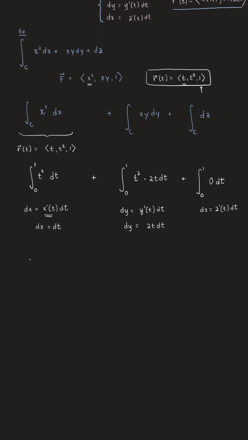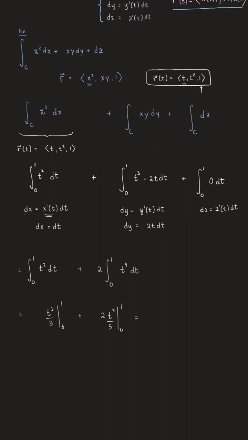So we're going to evaluate the integral from 0 to 1 of t squared dt plus, and here I'm going to factor out the constant 2, the integral from 0 to 1 of t to the 4th dt, since I multiply t and t cubed. And integrating this, we have t cubed over 3 from 0 to 1 plus 2t to the 5 over 5 from 0 to 1.